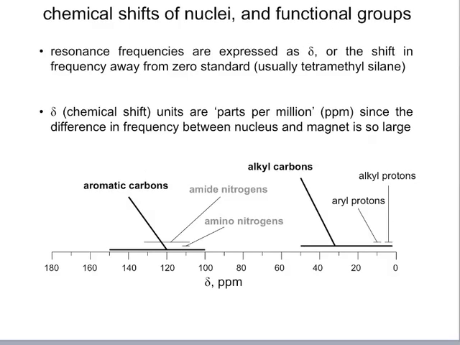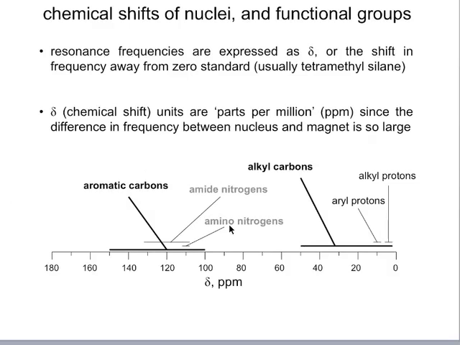And we can see here's a range of chemical shift values, basically frequencies at which those nuclei respond to the NMR frequency radiation. We can see that it's easy, for example, to identify an aromatic carbon, a carbon that's associated with an aromatic functional group, and to distinguish that from an alkyl carbon. Likewise, it's true for nitrogens.